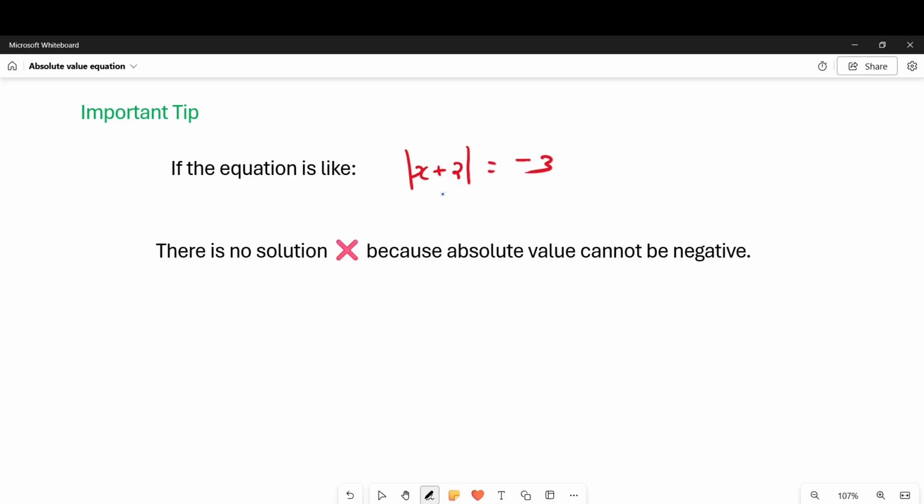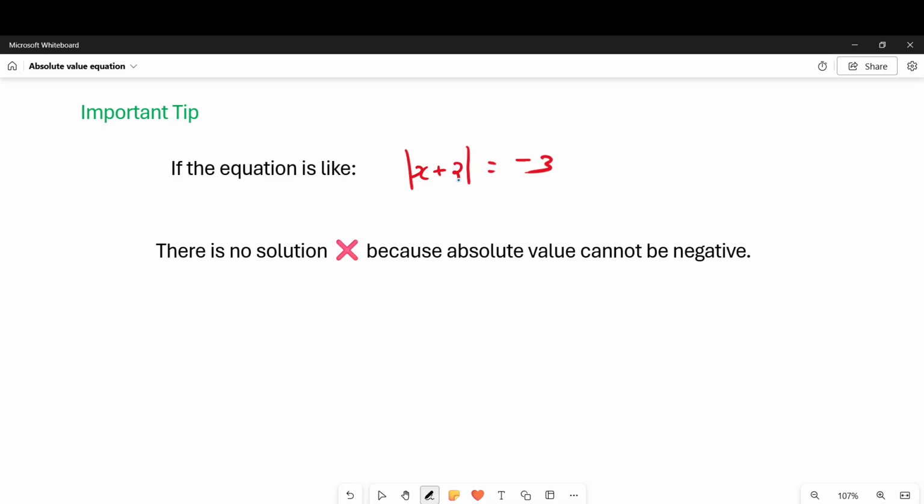So this equation makes no sense, because the absolute value is equal to a negative answer. Whenever an absolute value equation comes like this, with a negative answer, we can directly say there is no solution for this equation, because an absolute value cannot be negative.